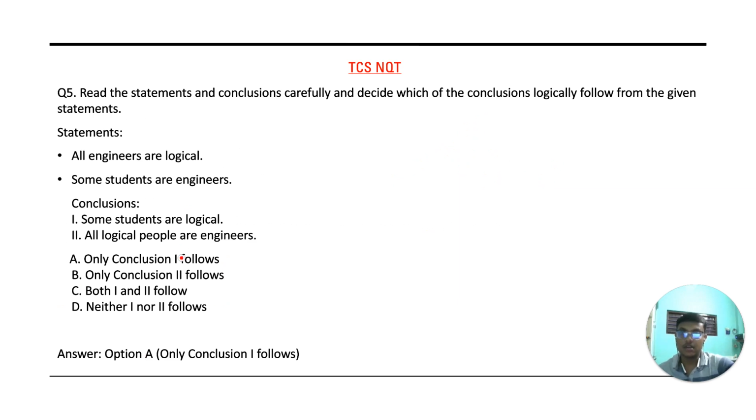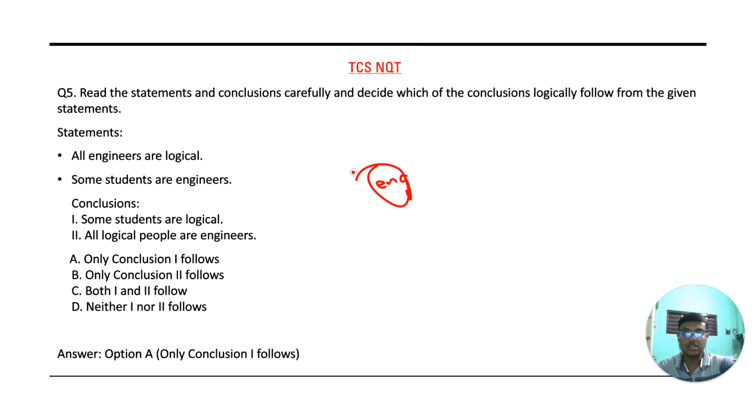So it is a statement conclusion question. For this kind of question, it is better to draw Venn diagrams because that helps us to understand the statements properly and then point out the correct conclusion. So the statement says all engineers are logical. So engineers, let's make it a circle.